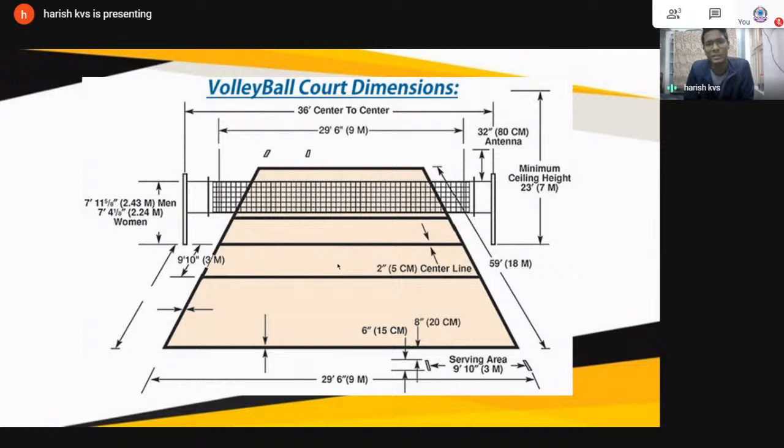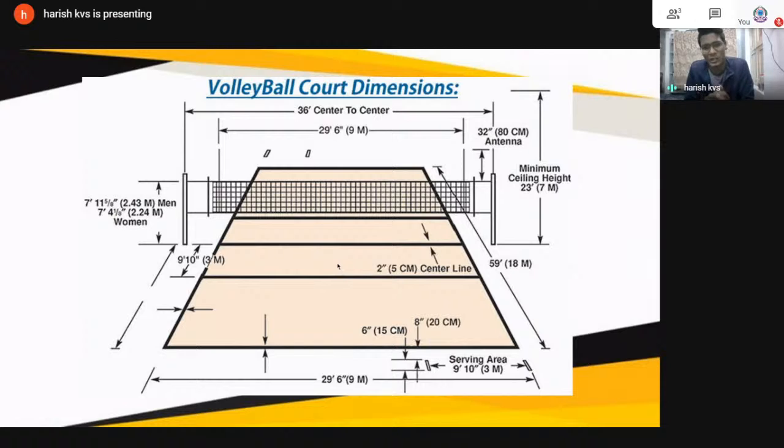The only difference you can see between a men's and women's volleyball court is the height of the net. For men it is 2.43 meters, and for women it is reduced to 2.24 meters. That is the only difference.